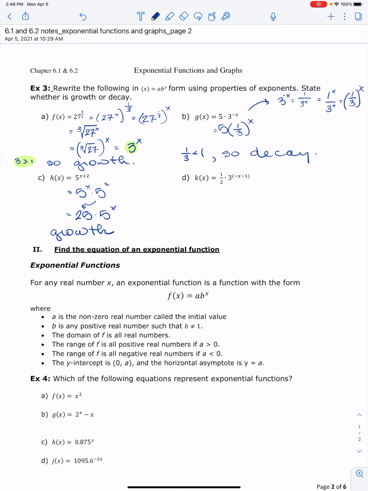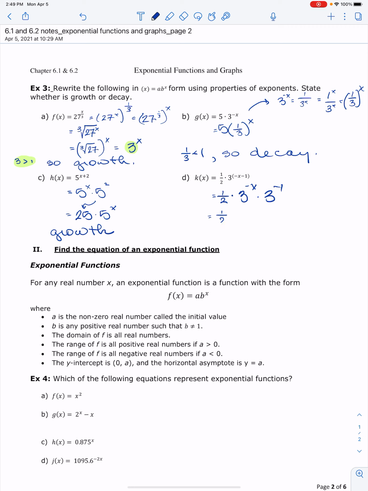K of x equals 1/2 times 3 to the negative x minus 1. Whole lot to unpack there. So I'm going to see if I can do this in pieces. I've got 3 to the negative x times 3 to the negative 1. Negative x plus negative 1 gives me that minus x minus 1 in the exponent.